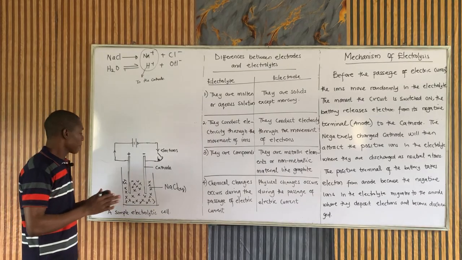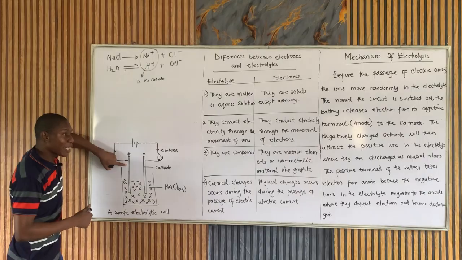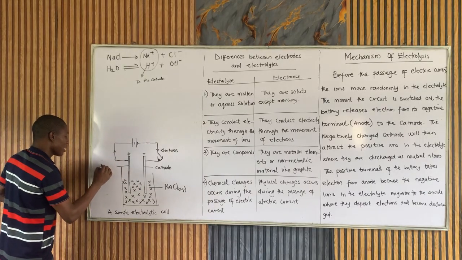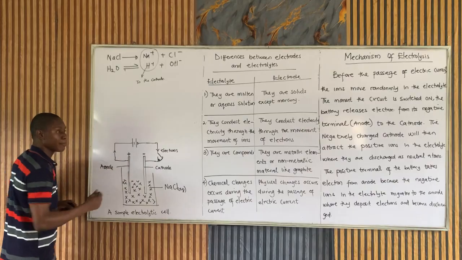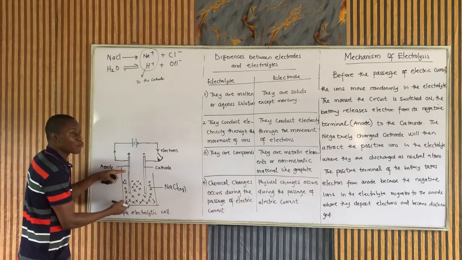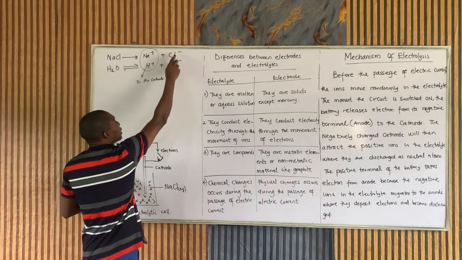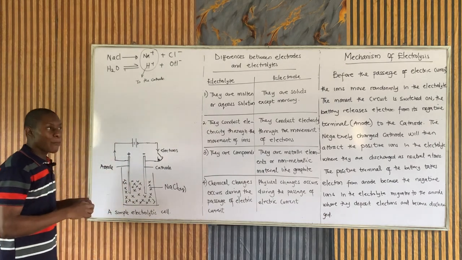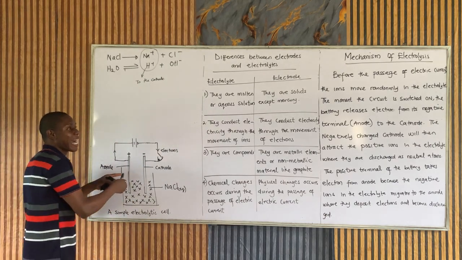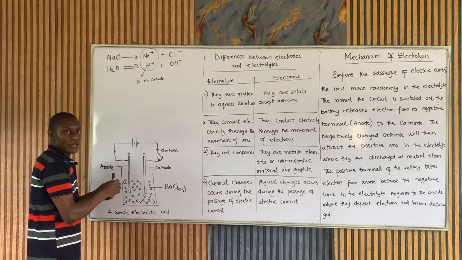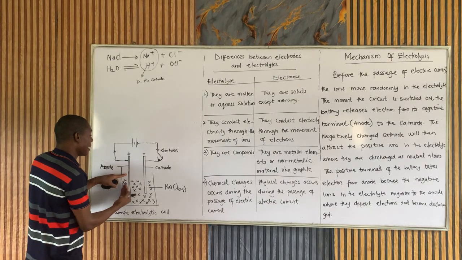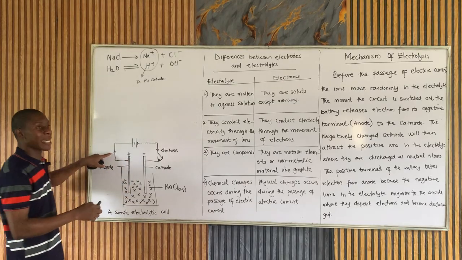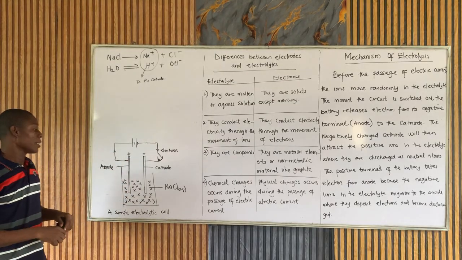Now, at this electrode, which is the anode, since it is positive, it will attract the negative ions. So chloride and hydroxide ions will move down here, where they release their electrons. Electrons are being released from here, and the electron flows through, and we can see the direction of the electron.